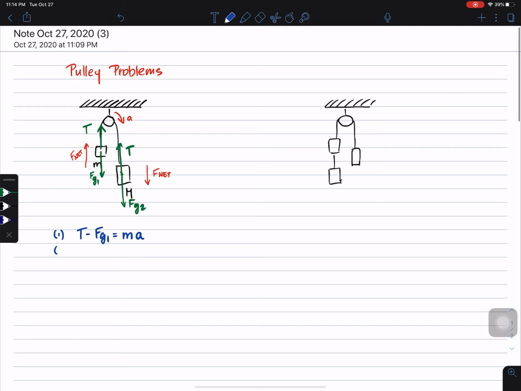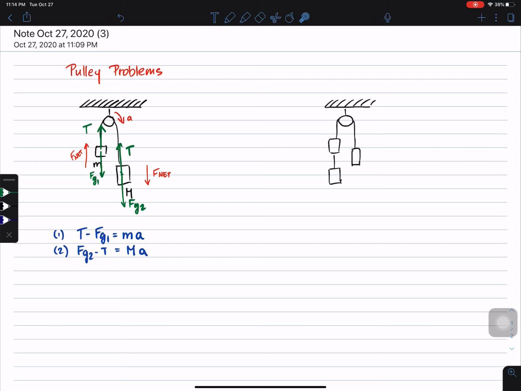For the second object, Fg2 minus tension is equal to mass times acceleration. The other thing is these two accelerations are equal. If they're connected through a rope, they have to accelerate at the same rate. So these are essentially my equations that give me the relationship between all forces that are involved.